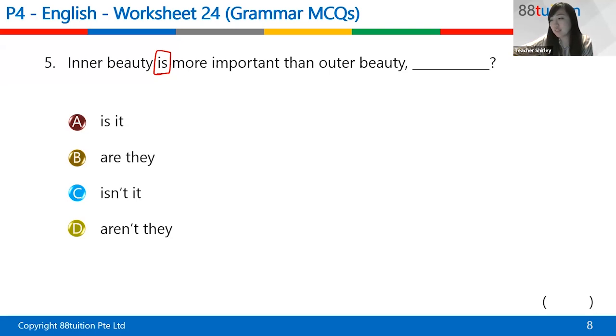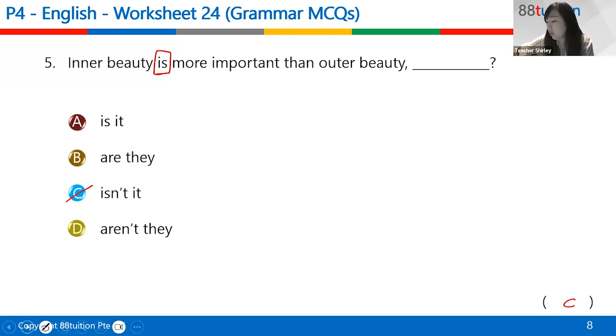Inner beauty is more important than outer beauty. Cheryl, maybe Cheryl want to try? Isn't it? Very good. Well done. Okay, so usually in this case, it's the opposite, right? Inner beauty is more important, isn't it? So you're basically asking to check. Okay, so it has to be the opposite. So the answer is C.